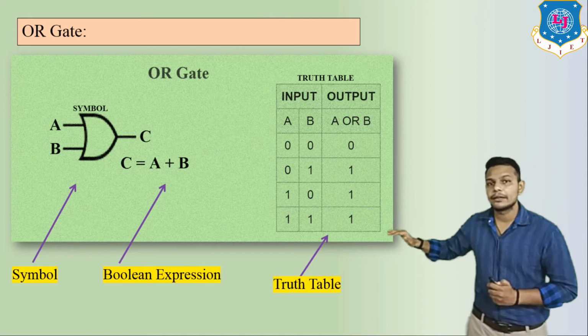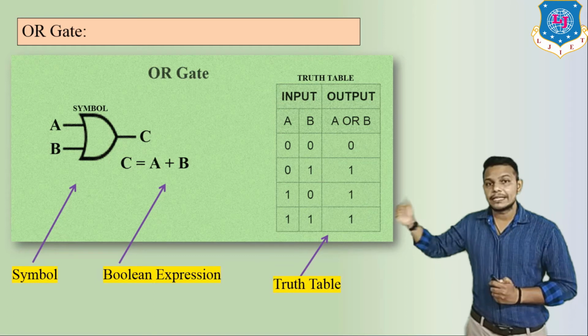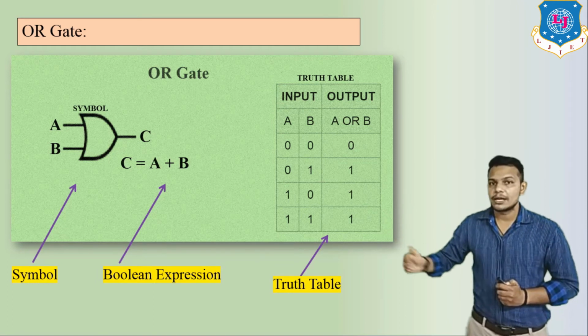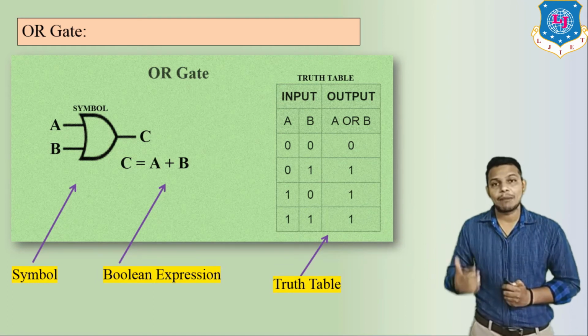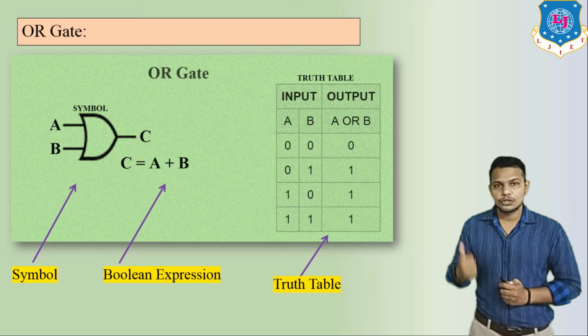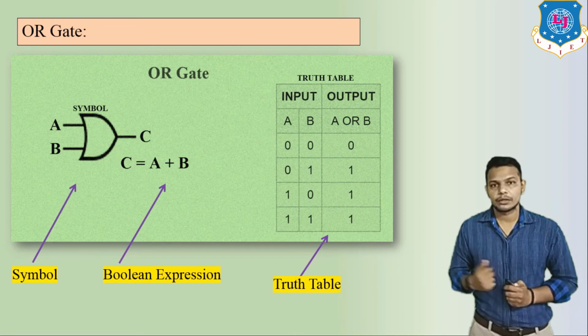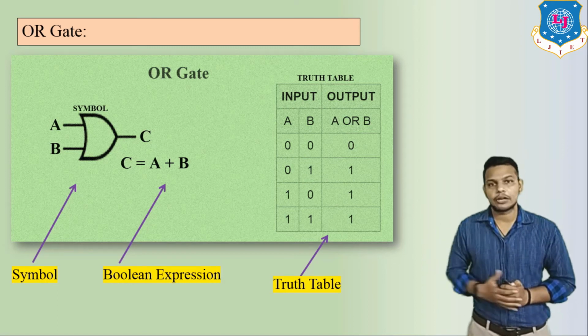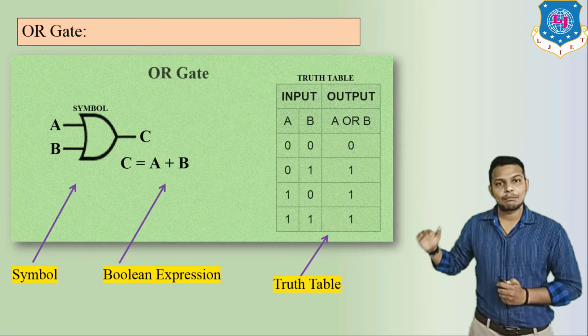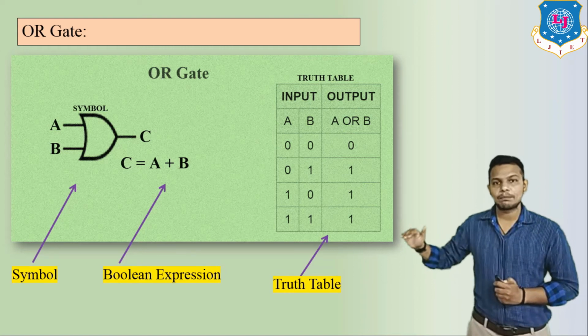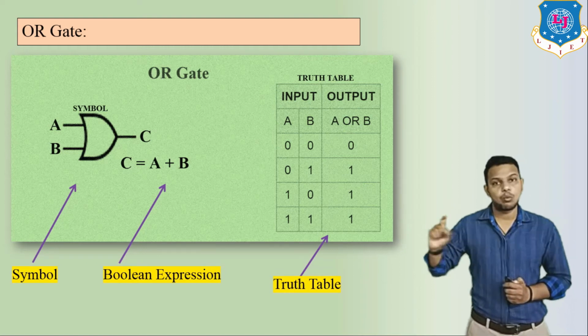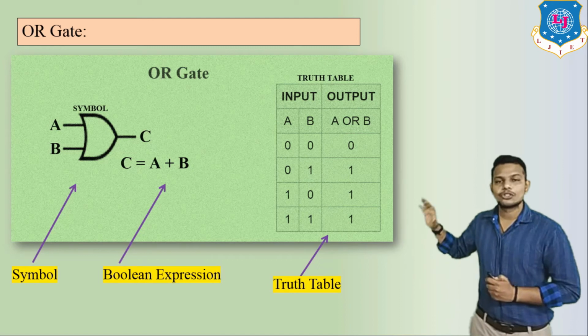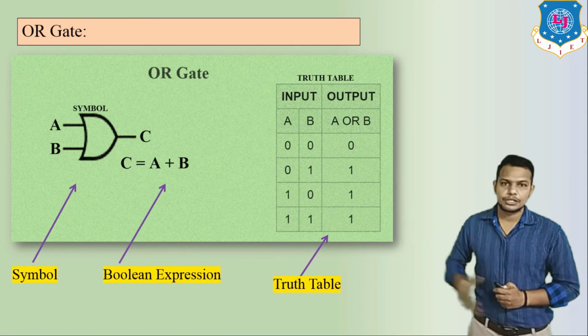Now I say here that it is the addition of 2 inputs. Now remember this thing, this is binary. So do not make it 2. 1 plus 1 is not equal to 2 here in OR gate. So this is binary addition, that's why 1 plus 1 becomes 1. Right? So this is the OR gate's truth table.